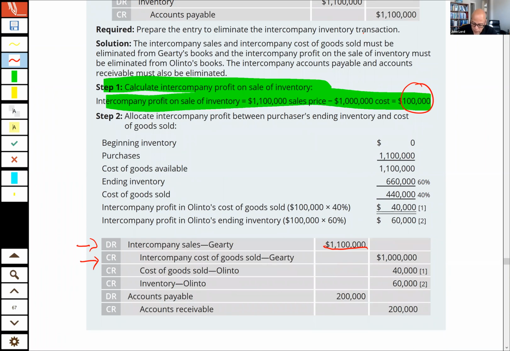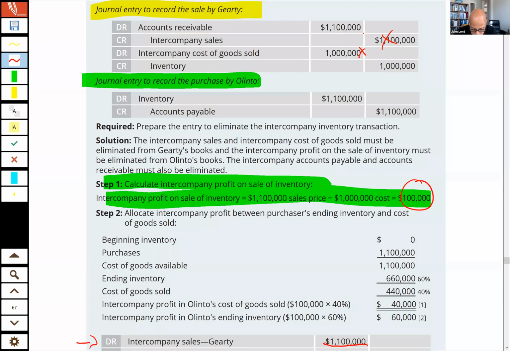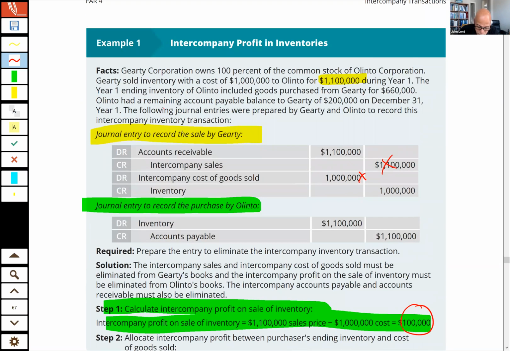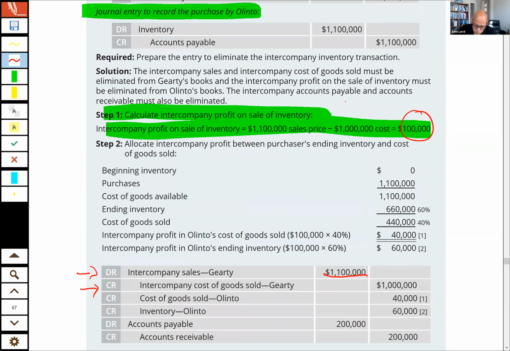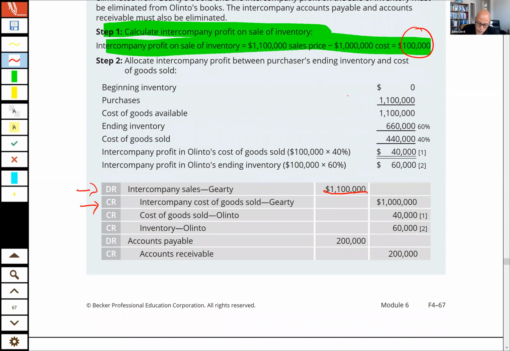Now, to deal with the easy stuff, they tell us there's still $200,000 outstanding that Olinto owes Garrity. Of course, you don't owe money to yourself, so we get rid of that intercompany receivable and the intercompany payable.